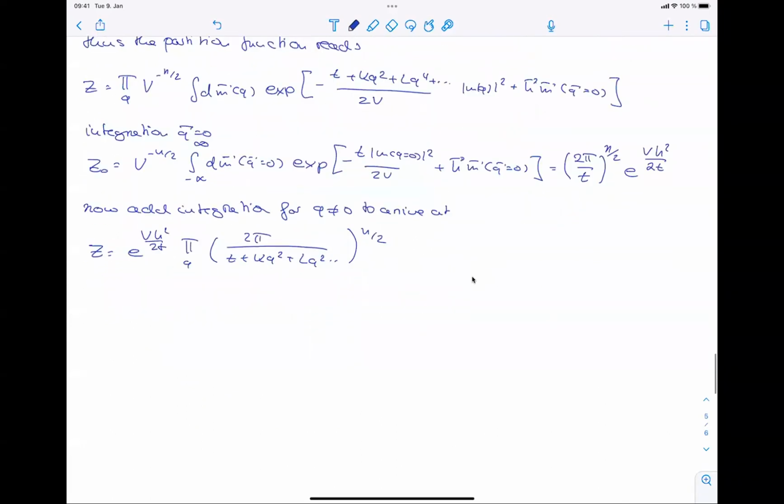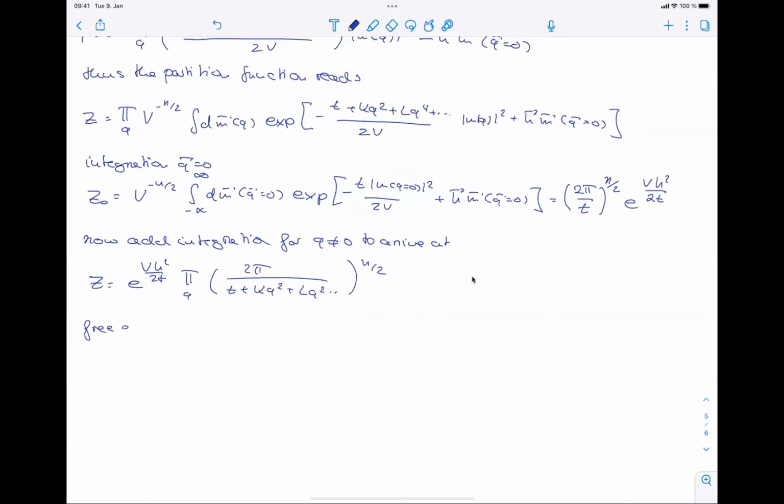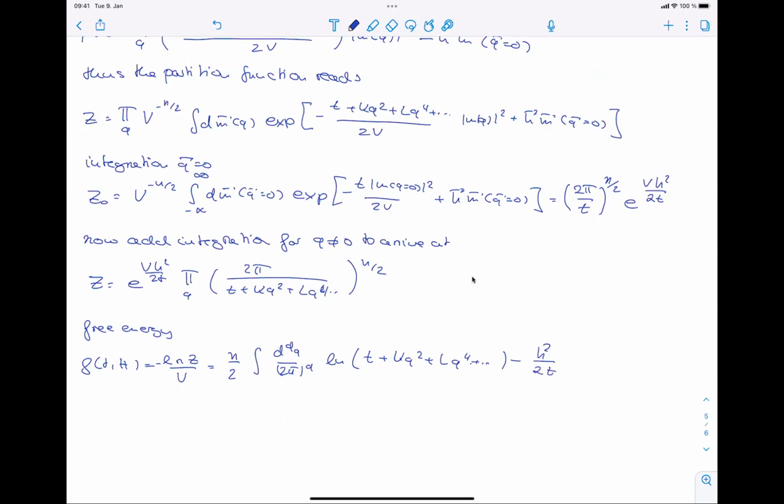And with that in mind, we can now proceed and find the free energy, which is then as a function of t in applied field H, minus ln Z over the volume, an integral over Q, minus, and then the exponent up front gives an h over 2t, where we are omitting constant contributions.